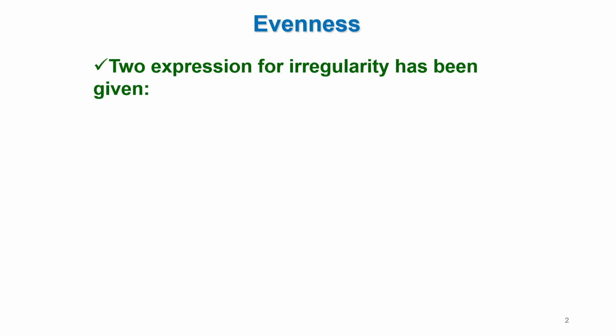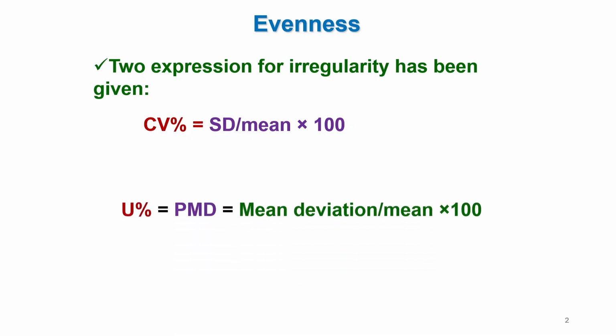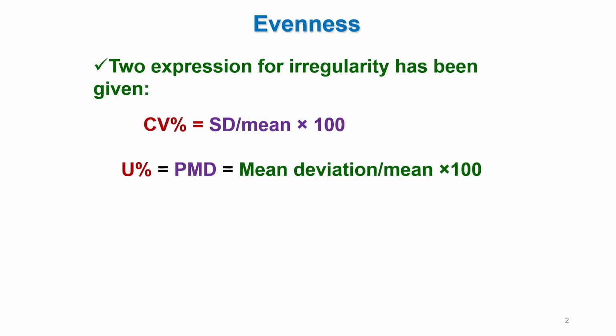There are two ways we can express it. One is CV%, that is standard deviation by mean, and the other is U%, which is percent mean deviation.